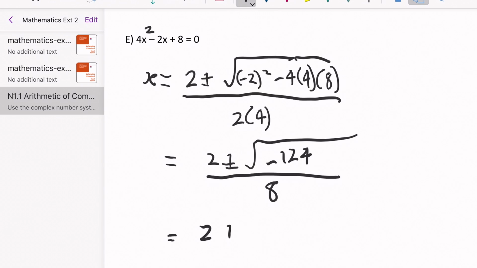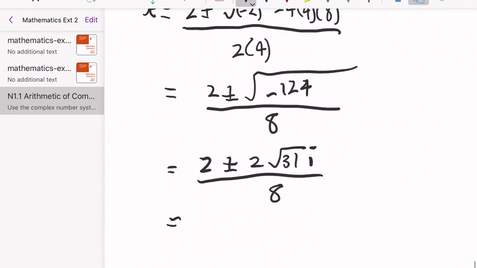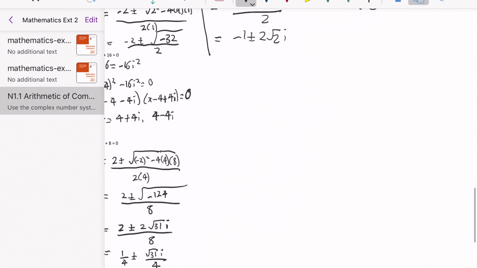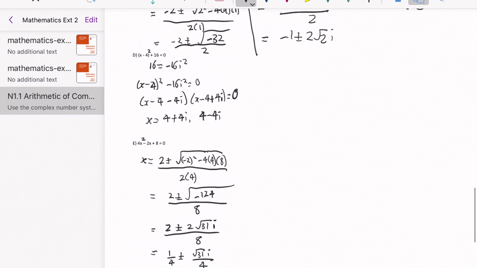And that is equal to 2 plus or minus 2 root 31 i over 8, which is equal to 1 over 4 plus or minus root 31 i over 4. Again, we have this trend appearing. So the imaginary terms in all three of these complex solutions have been the negative of each other.